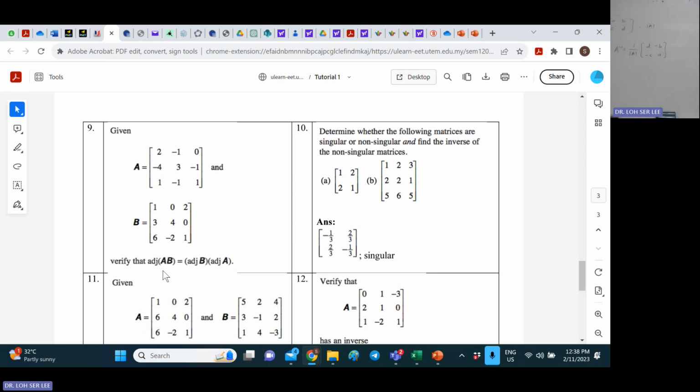Anything else? Yes, one question. Inverse matrix. 30 minutes. Okay.